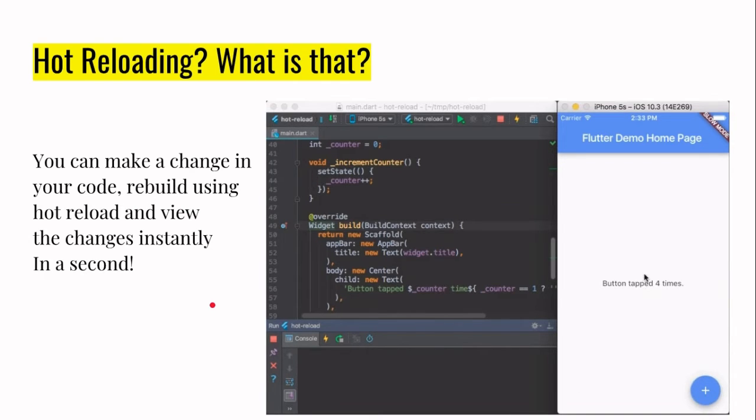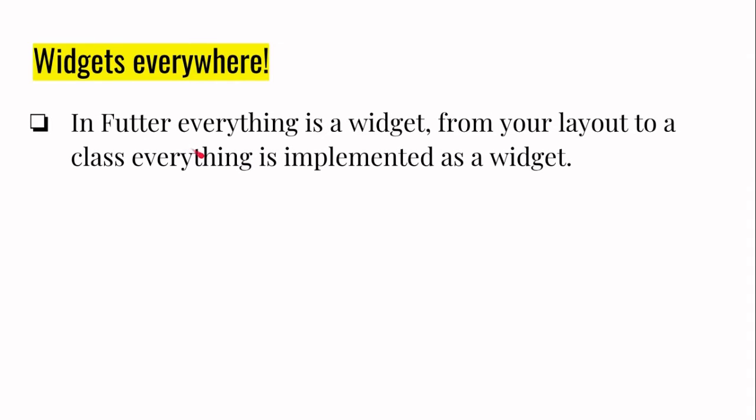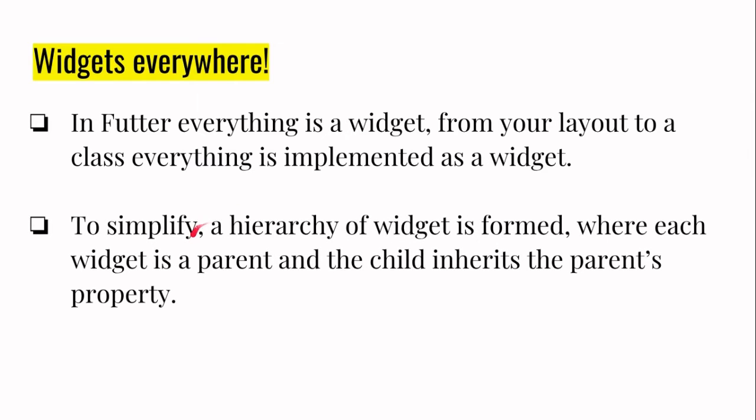Well, widgets everywhere. In Flutter, everything is a widget. As I've told you earlier, from your layout to a class, everything would be implemented as a widget. To simplify this, a hierarchy of widgets is formed in Flutter, where each widget is a parent and the child inherits the parent's property.